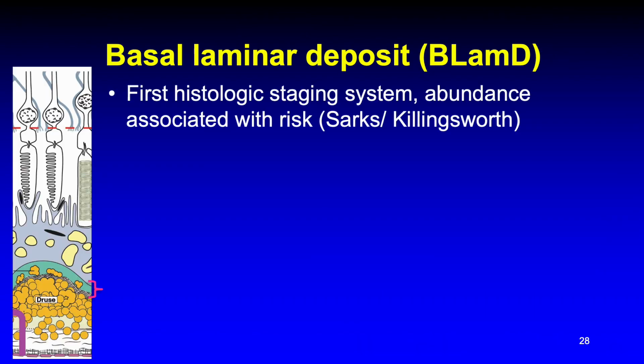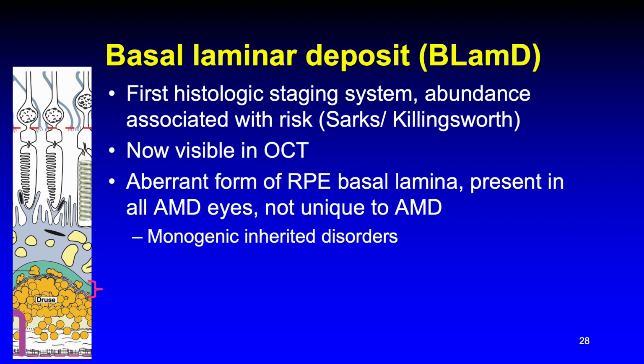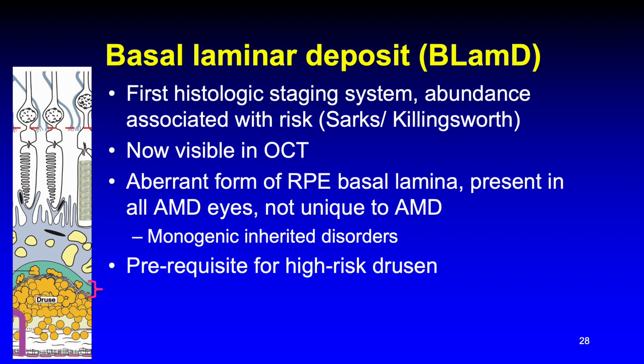To summarize this tutorial of BLamD, this is the first histologic staging system for AMD, which showed that abundance was associated with risk of progression. It's now visible in OCT. It's an aberrant form of RPE basal lamina present in all AMD eyes, and it's not unique to AMD, as it occurs in monogenic inherited disorders, which has enabled us to get new promoters and new tools.